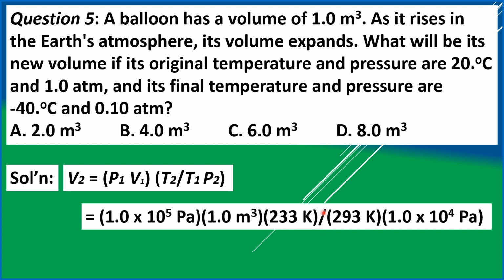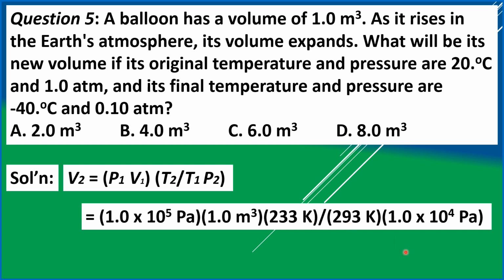All right? Then divide this by the product of the initial temperature, which is 20 degrees Celsius, or its equivalent in Kelvin, 293 Kelvin, to be multiplied by the final pressure of 0.10 atmosphere, which when converted to Pascal, is 1.0 times 10 to the fourth Pascal.